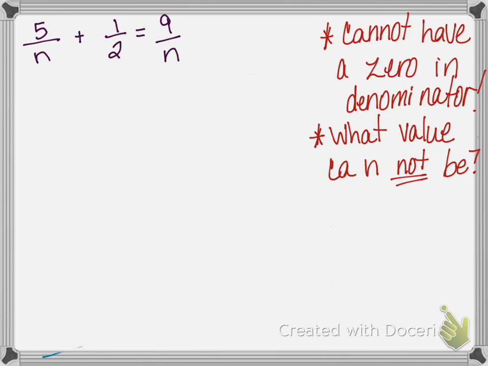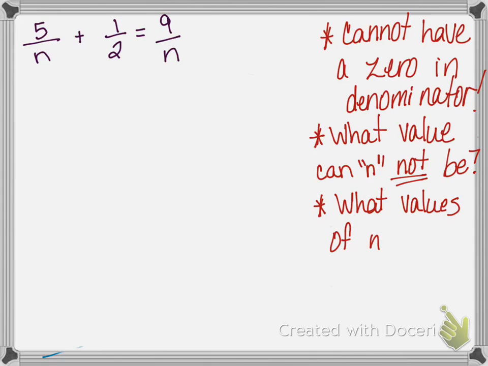Another way to ask that question, okay, whoops, let me write this. What value can n not be? That's better, right? What value can n not be? Okay, another way to ask that is, what values of n make the denominator 0?